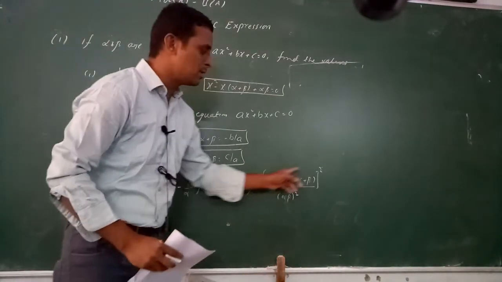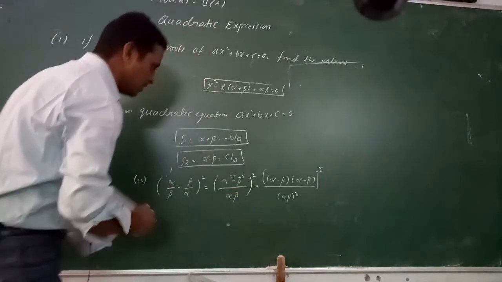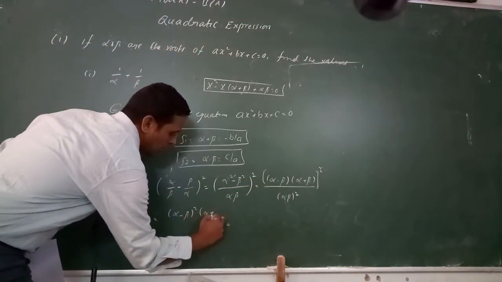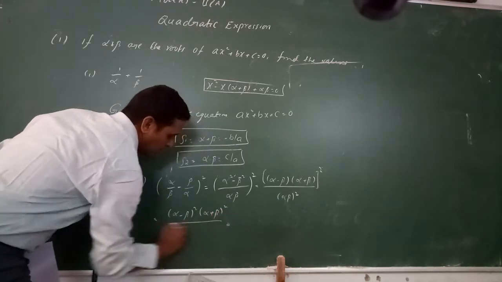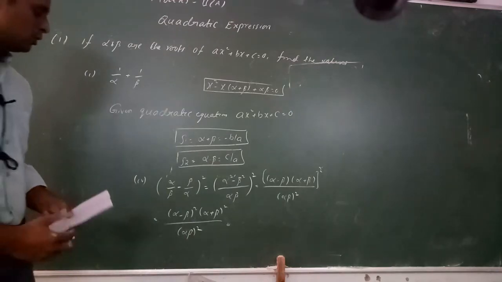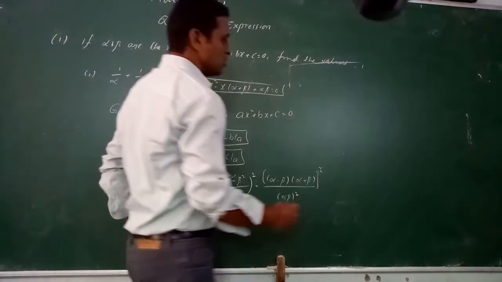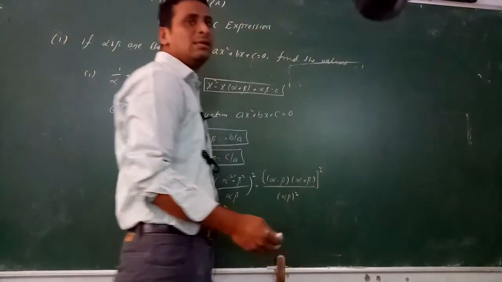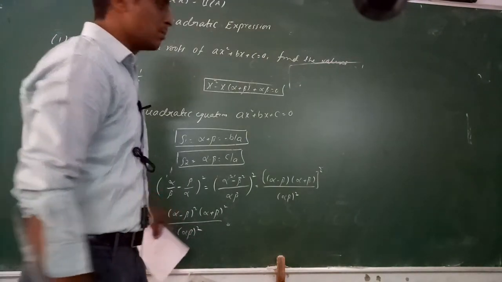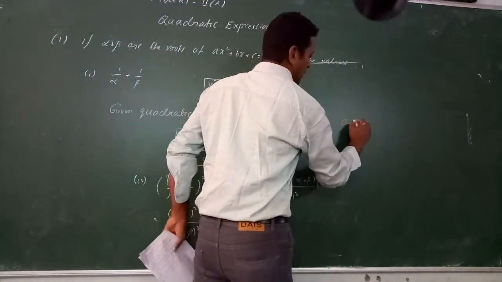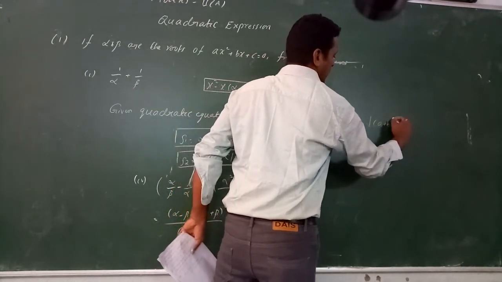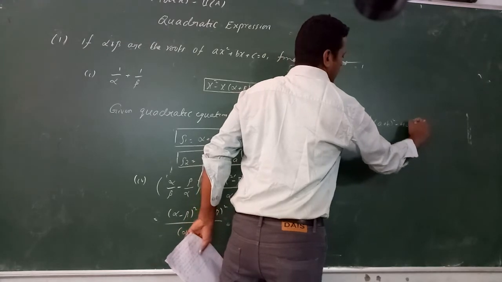So applying the power here, that is equal to alpha minus beta whole square into alpha plus beta whole square by alpha beta whole square. You already know the first year formula: a minus b is equal to under root of a plus b whole square minus 4ab.